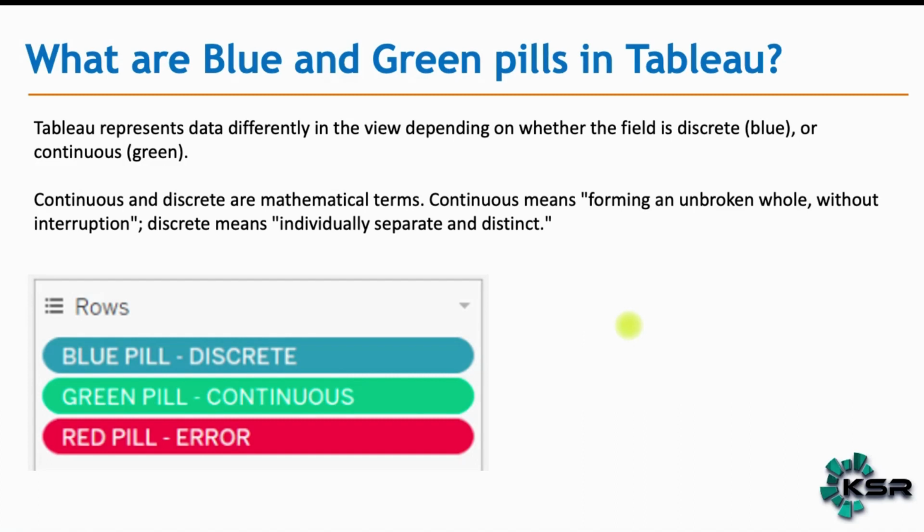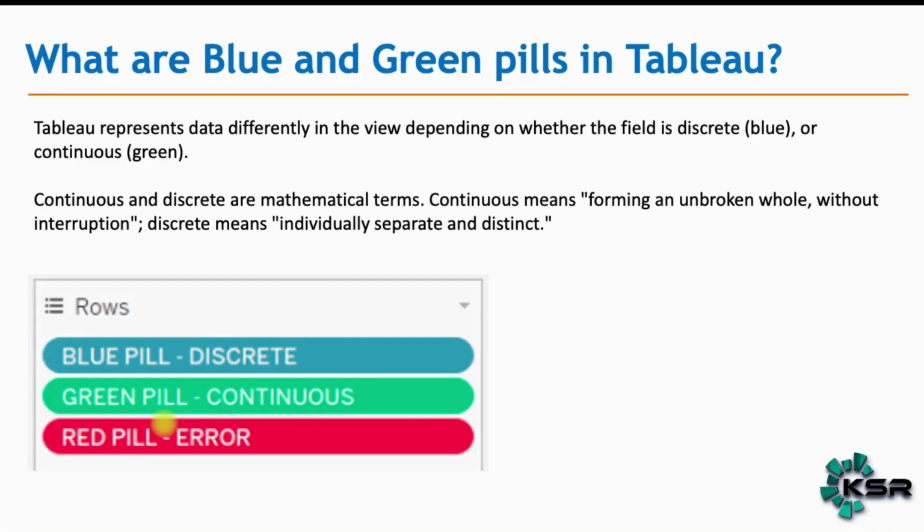Okay. And one bonus thing: whenever you see a red pill as highlighted here, the interviewer might ask, I'm seeing a few red pills in my visualization, what does that mean? Then you have to answer that it means there is some error with regard to that pill or calculation.